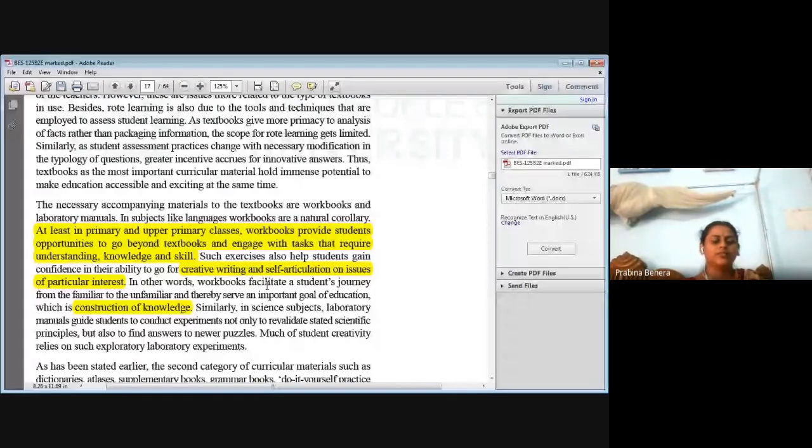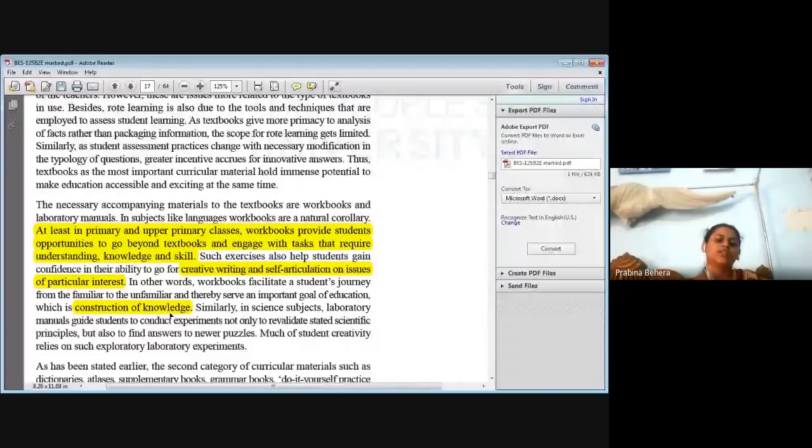If they have that type of knowledge, they can complete the activities of the workbooks. It also helps the student gain confidence in their ability to go for creative writing and self-articulation on issues of particular interest. These are the importance of workbooks.